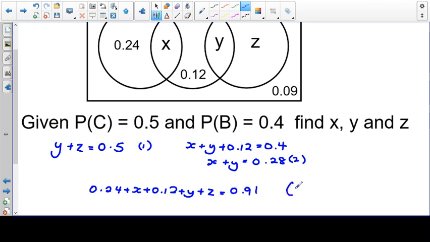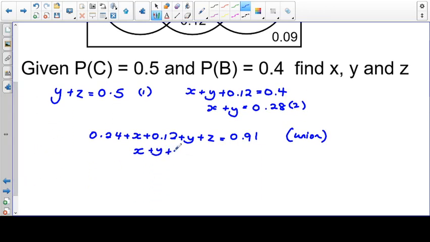So that's using the union. Okay, so if we shuffle these two bits to the other side, x plus y plus z will equal 0.55. That's equation 3. So we've got 3 equations and we've got 3 unknowns.